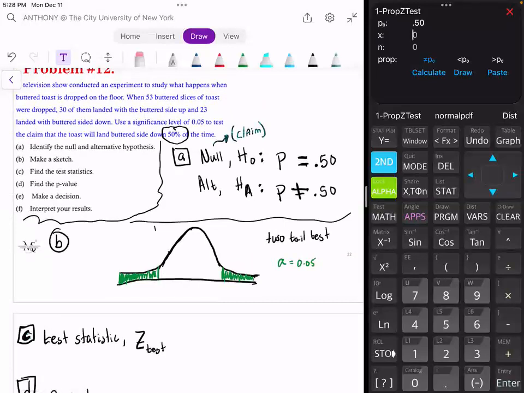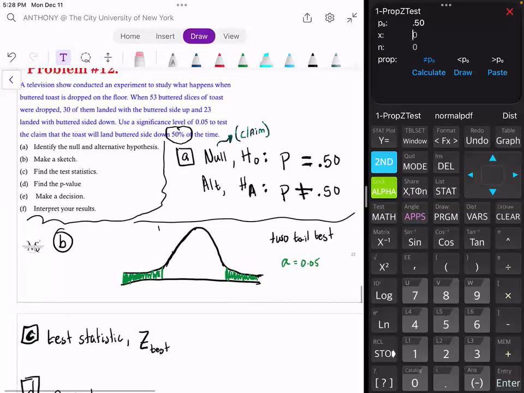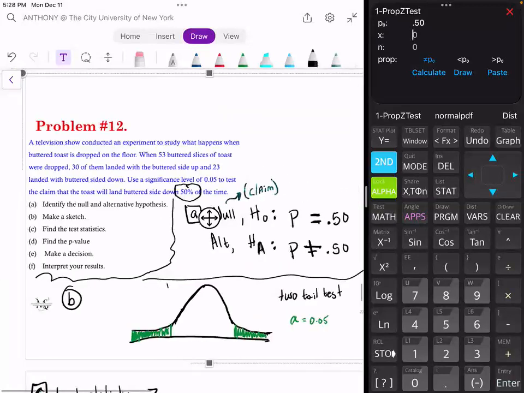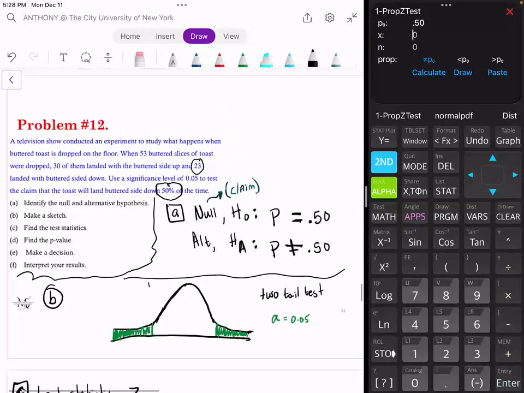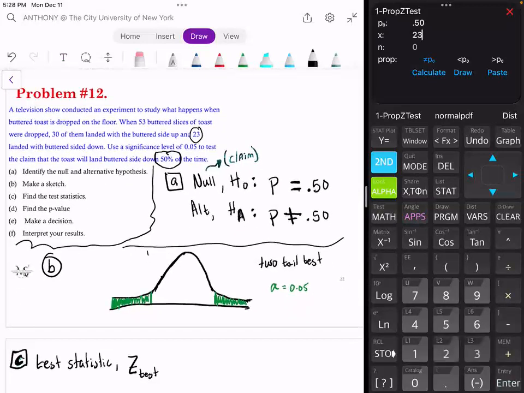There were 23 toasts that were butter side down. N is the number of butter slices, which is 53. And I make sure that the prop highlights exactly what's there for the alternate hypothesis.